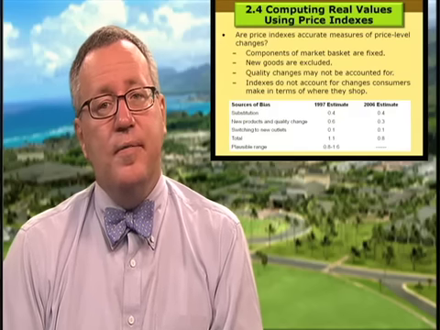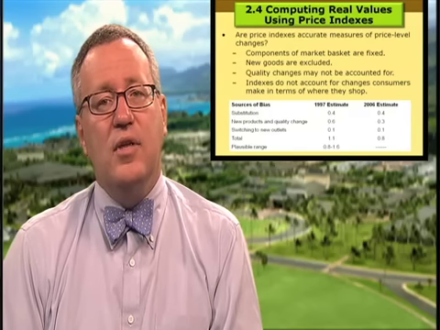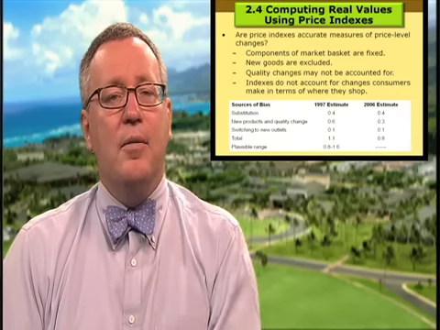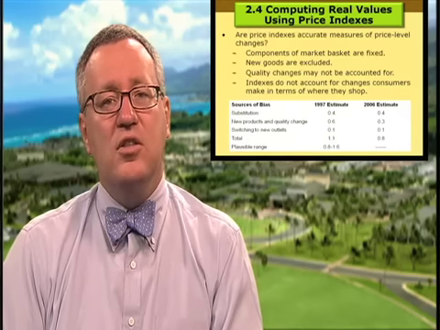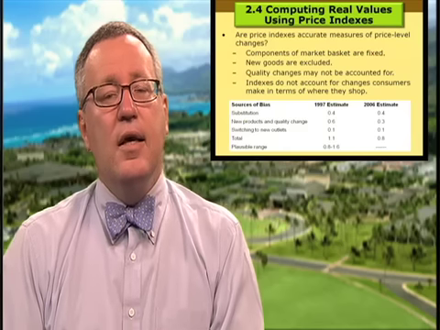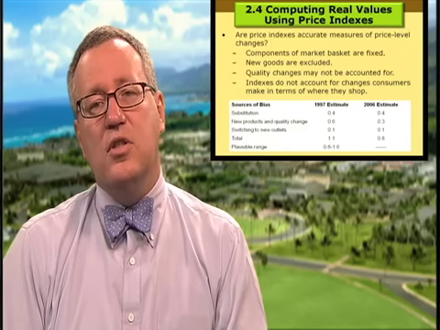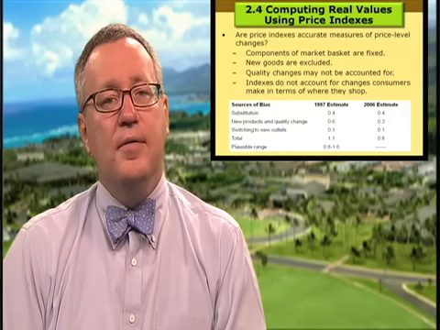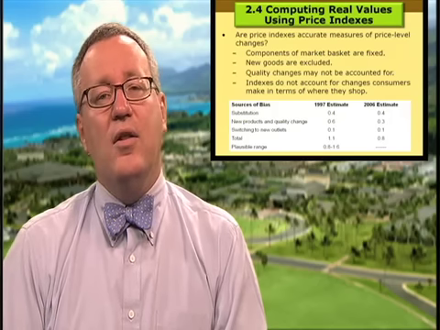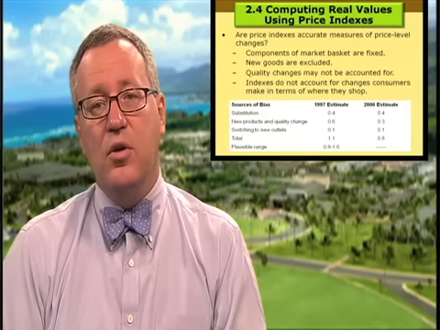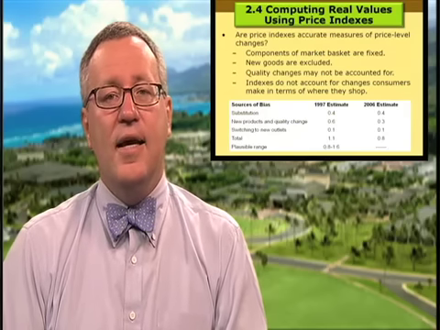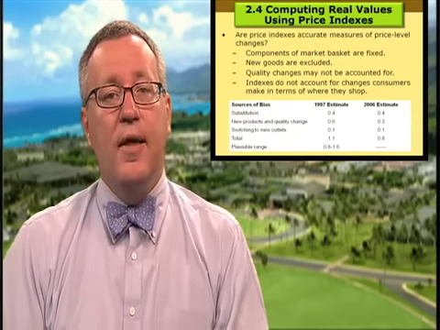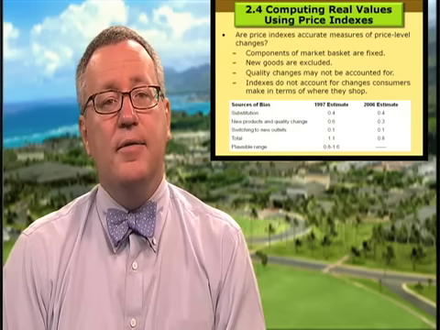In 1997 and 2006, the substitution effect created a bias in our estimate of inflation of 0.4%. The change to new products and services in 2006 created a bias of 0.3%. Switching to different outlets, going to the outlet mall instead of going to Nordstrom's, things like that, caused a bias in our inflation rate of 0.1%, for a total of 0.8%.